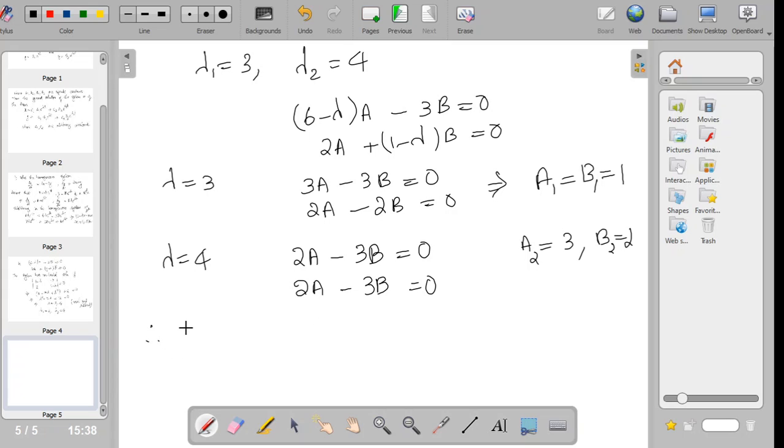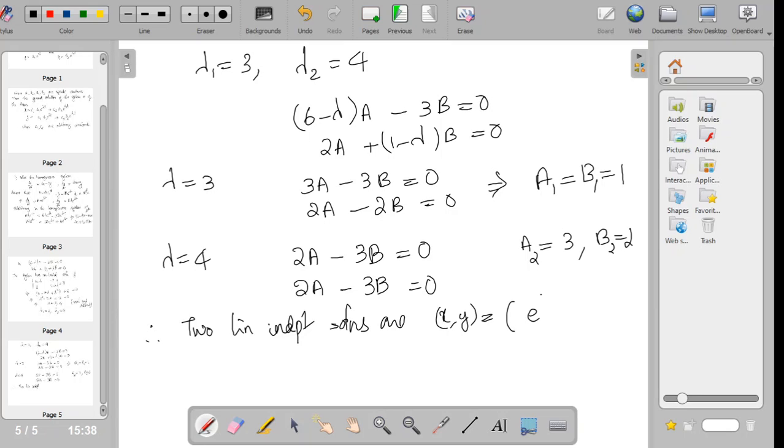Therefore the two linearly independent solutions are, the first pair, since a1 and b1 are equal, e raised to 3t and again e raised to 3t. This is the first pair of solutions, and the second pair of solutions is 3 e raised to 4t and 2 e raised to 4t.